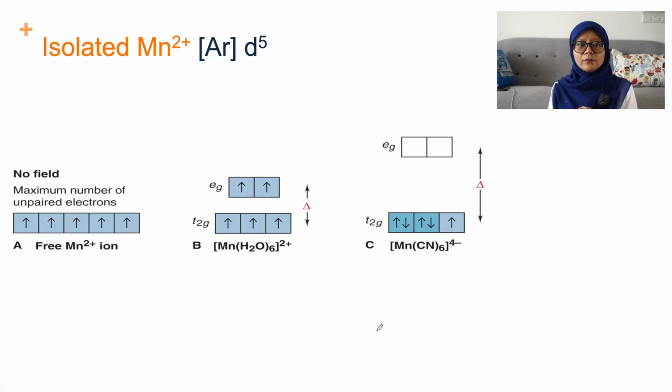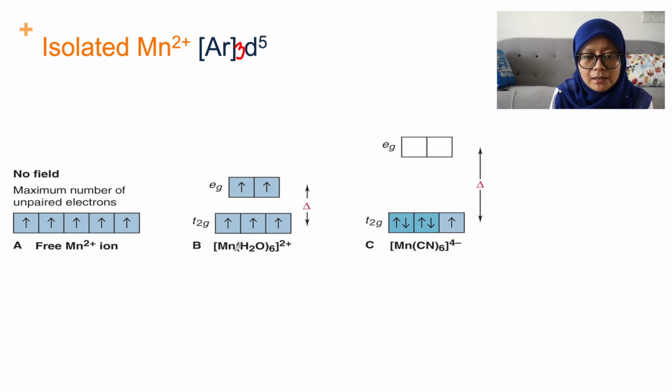For example, here we have manganese 2 plus, with the electron configuration of Ar 3d5. For the first one, this is the free manganese 2 plus ion. You have 5 electrons in the d orbital. Let's say we have 2 situations here.